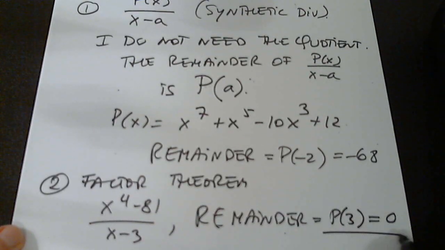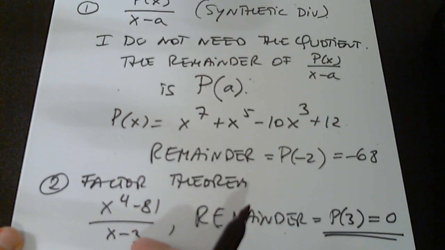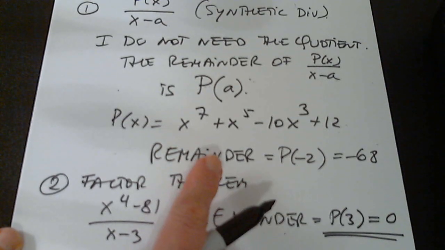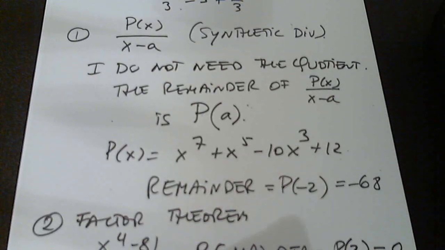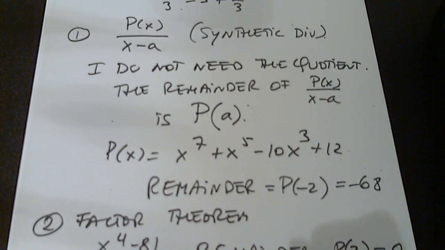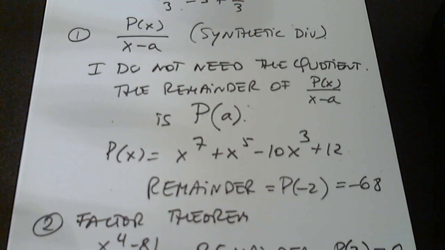So when the remainder of such division is 0, and I know how to find it now from the remainder theorem, this means that x to the 4th minus 81 has a factor. It may have more than one factor, but definitely x minus 3. Guaranteed.